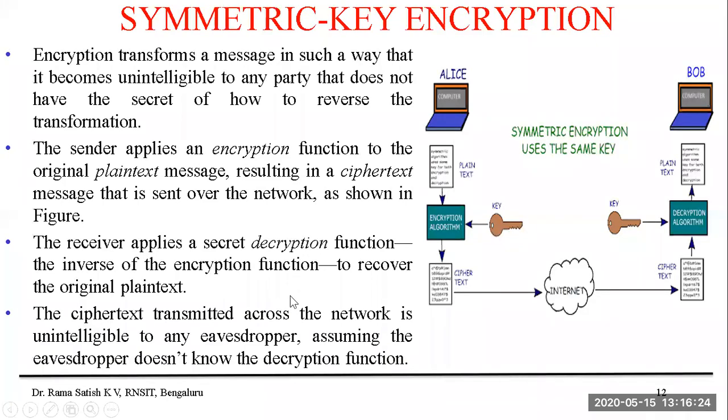And of course, cipher text transmitted across the network is unintelligible. That means nobody can read it, nobody can understand it. That is what we call unintelligible, to any eavesdropper also, assuming that the eavesdropper doesn't know the decryption function.